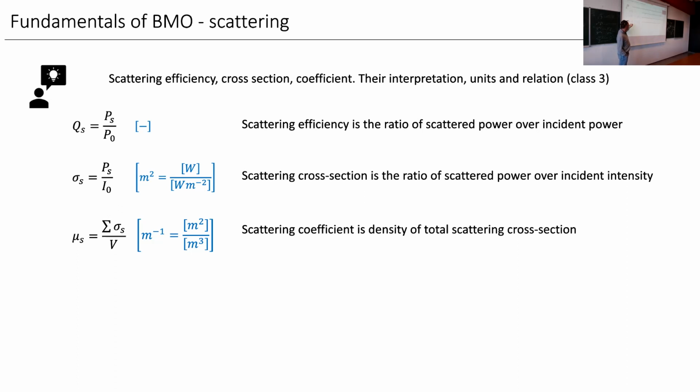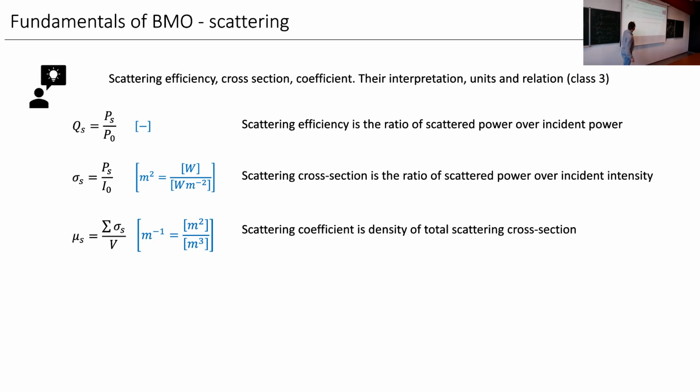The scattering coefficient is formally defined as the density of total scattering cross section, which means that you add all the cross sections of all the particles, all the scatterers in the medium, and divide by the volume. If all these particles are identical, then this sum just becomes N times the scattering cross section of one particle, and N over V is again rho, the density.